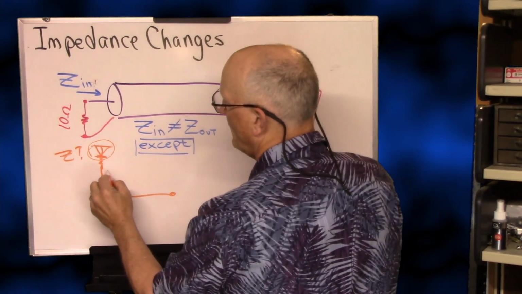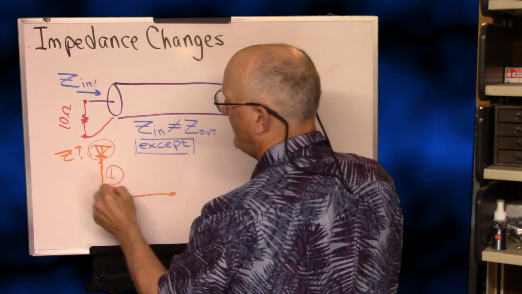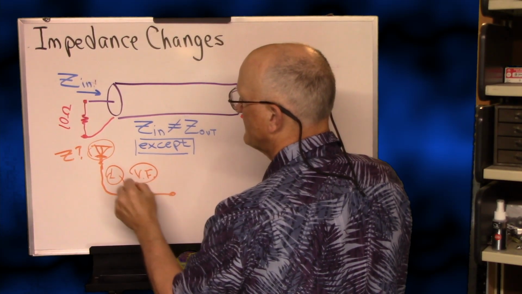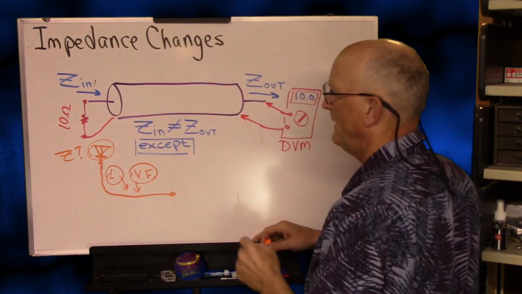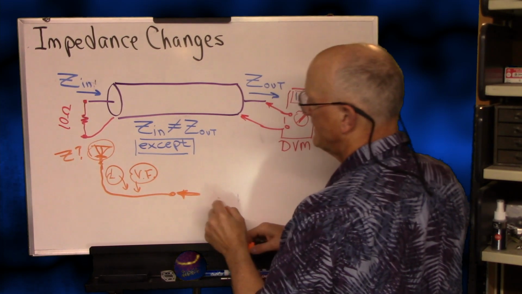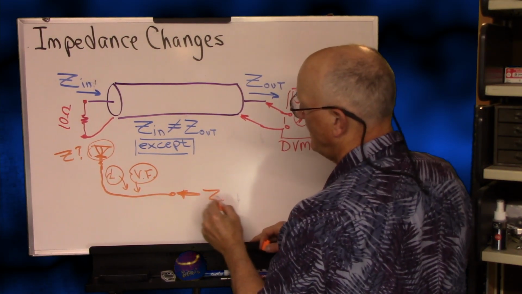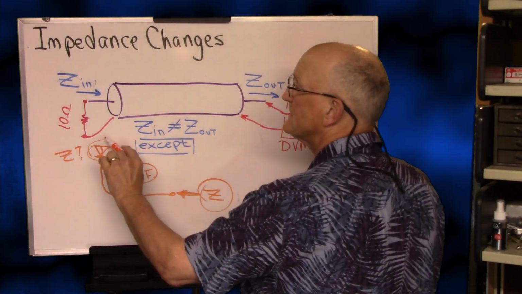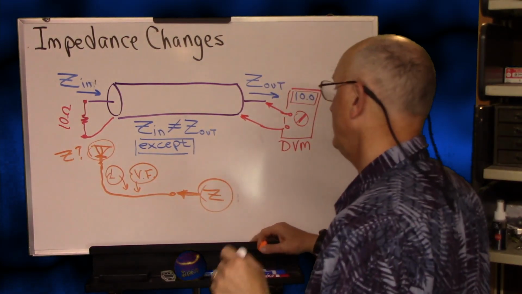Well, we know the length of coax that we have here. We know the velocity factor of that coax. So now we can look in at the end of this coax, measure the impedance of the entire system up to the antenna.